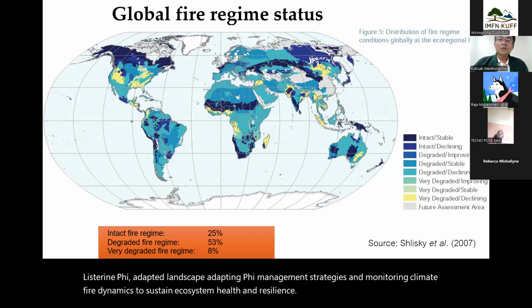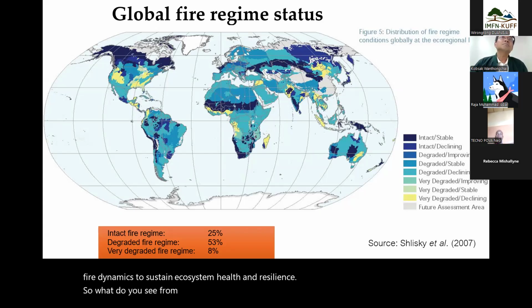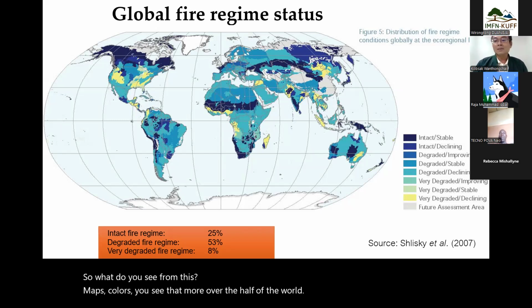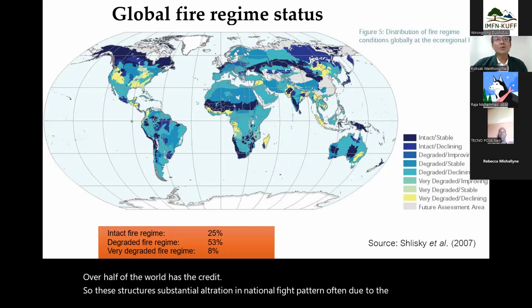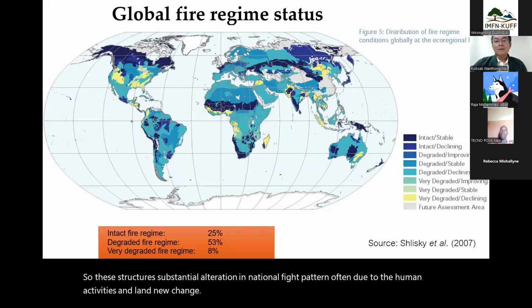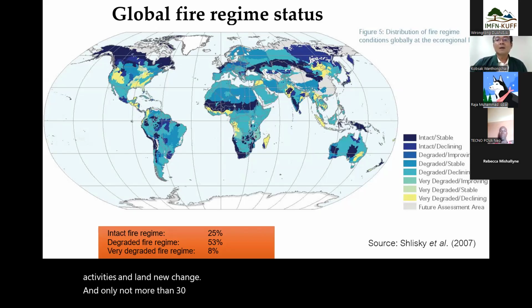So what do you see from the map colors? You see that over half of the world has a degraded fire regime. This suggests a substantial alteration in natural fire patterns, often due to human activities and land use change. And not more than 25% of regions maintain intact or stable fire regimes.